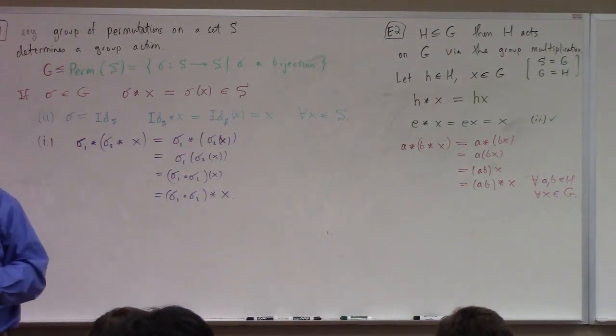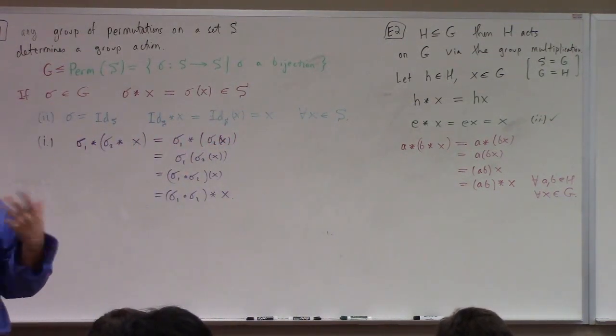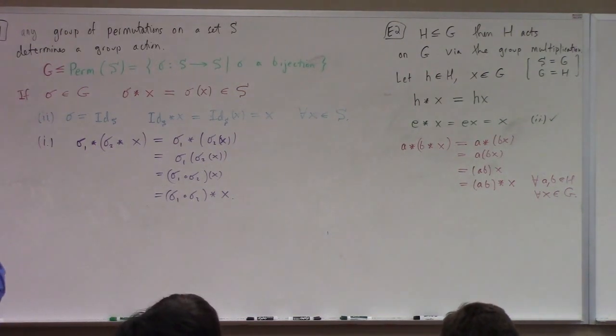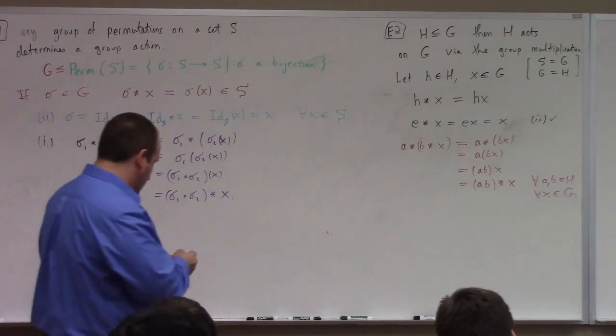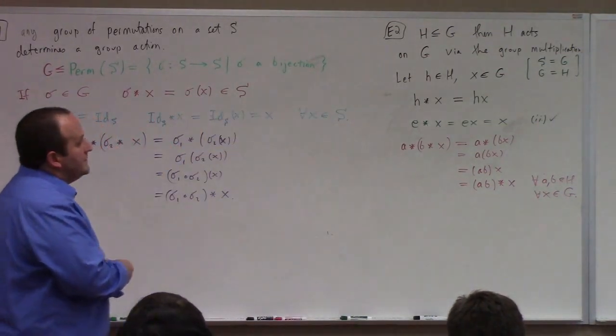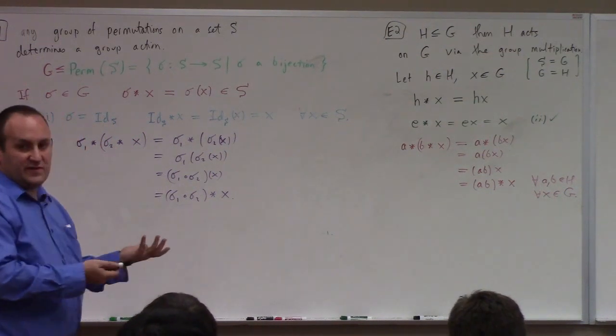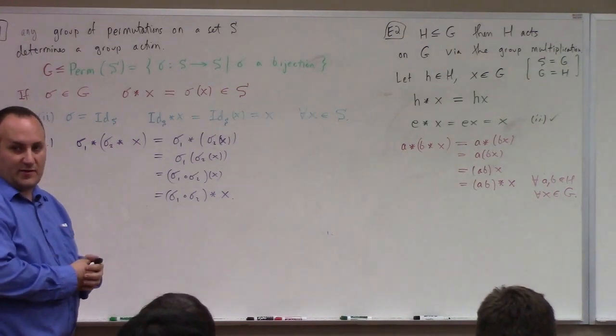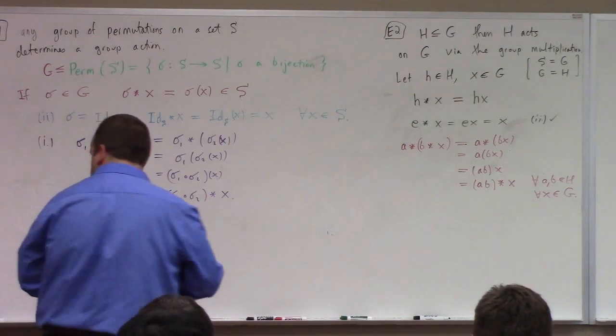So the group multiplication by a particular subgroup naturally defines also a group action on the total group. Okay. Of course, you could take the case that H was equal to G, and this would also define a group action, right? So a group acts on itself by its own multiplication as well. You know, there's that.